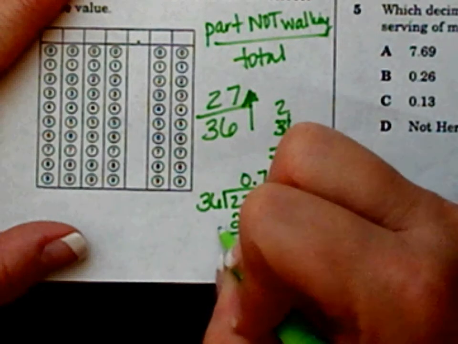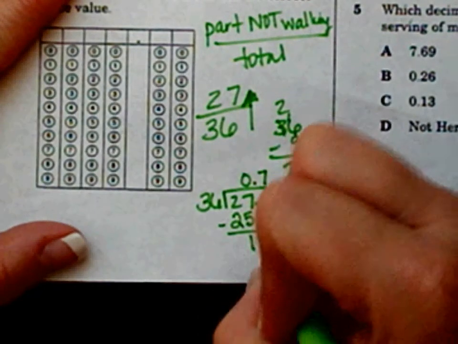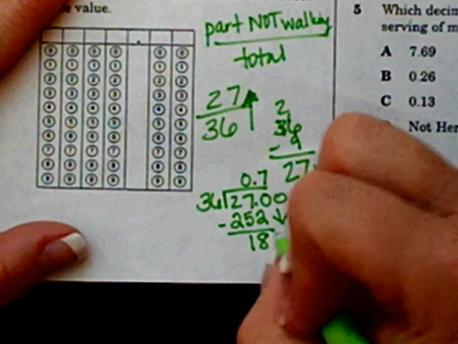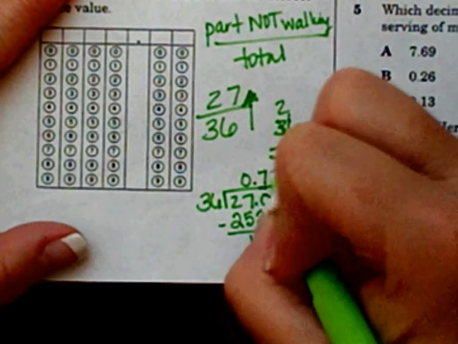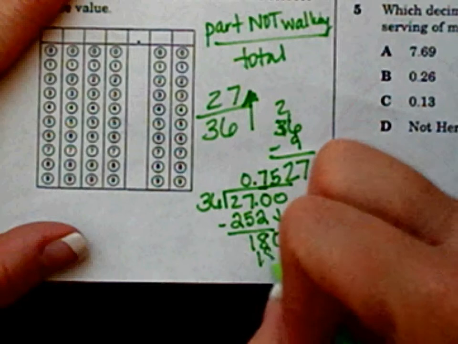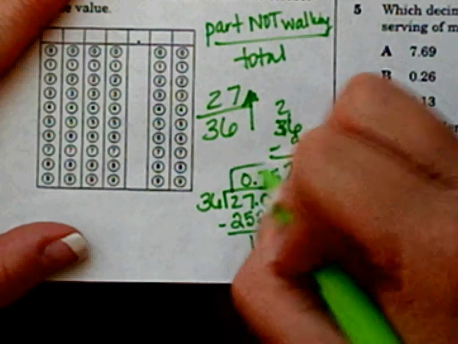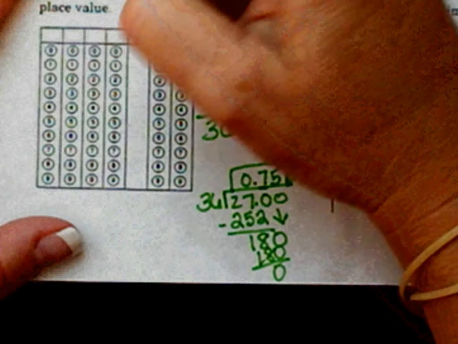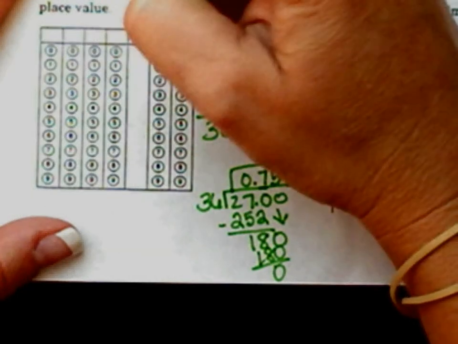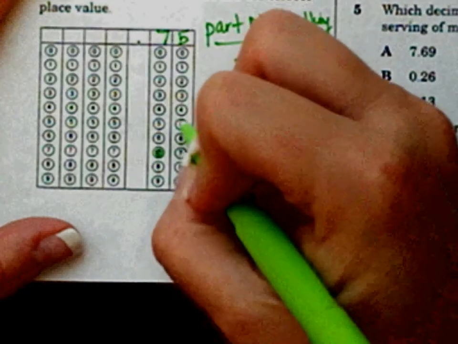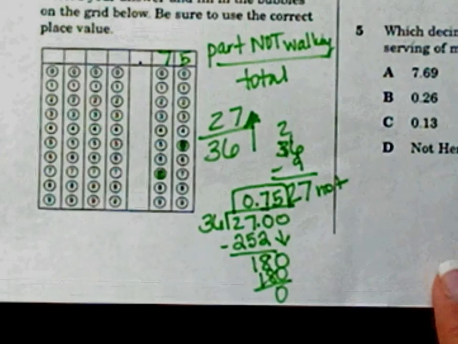And after I've done some calculations, you may not know right off the bat that 7 times 36 gets me closest. But I may have to do some calculations. But I find that 7 times 36 is 252. I subtract, I get 18. I want to expand that out more, so I'm going to add another 0. And then I find that 5 times 36 is 180, and I'm left with 0. Which means my answer is decimal 75. And some of you earned 5 points bonus on getting that one correct.